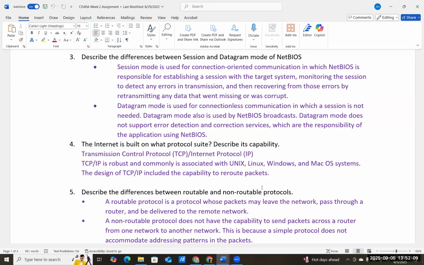And it's really designed to reroute packets. So I'll give you an example: if I need to send my bicycle from my home to my friend's house, TCP makes sure that all my packets arrive at the destination successfully. If they don't, it needs to reroute that.